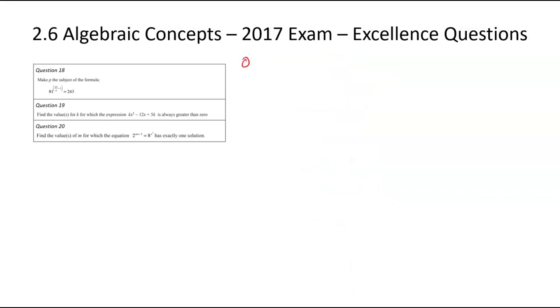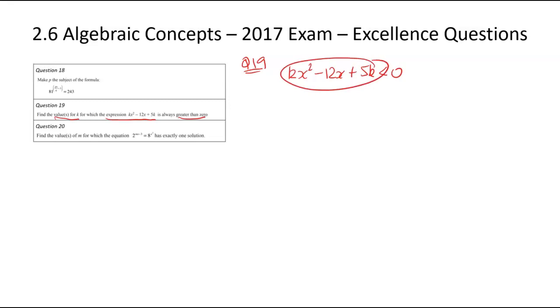We are now looking at question number 19. And again, a really short question, but we've been asked to find the values of k for which that expression is always greater than 0. So let's jot down the expression: kx squared minus 12x plus 5k. We've been asked when that is greater than 0.